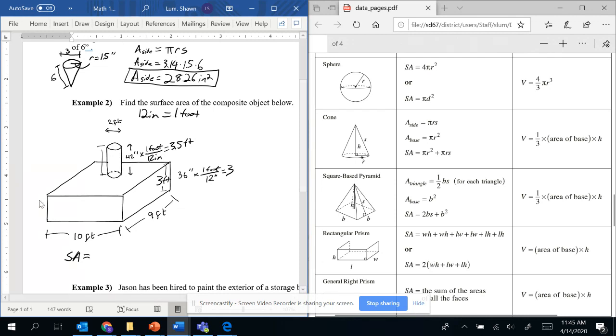It doesn't actually matter which one you decide to make height, length, or width. So it doesn't matter at all. But we'll go 2 times, and I have the formula right here.